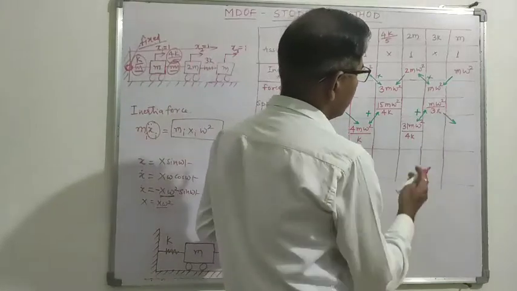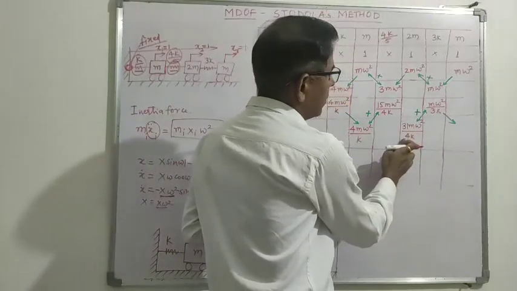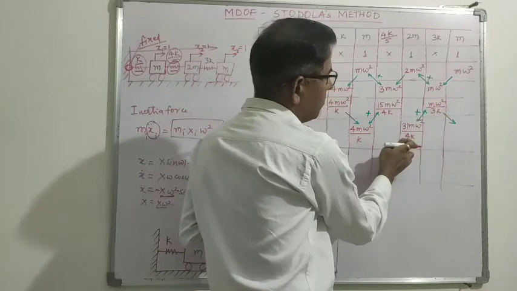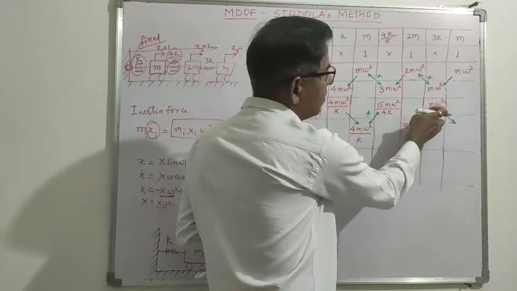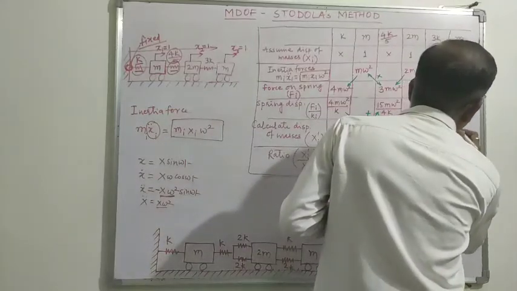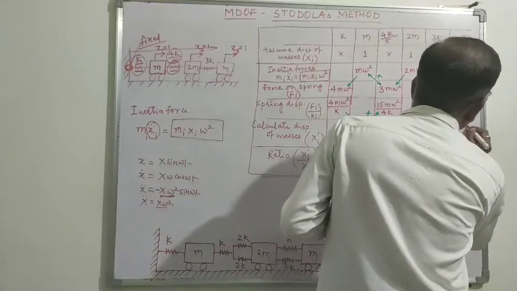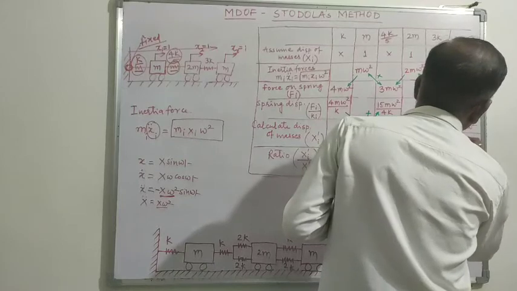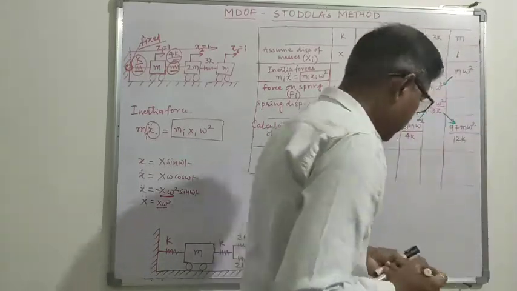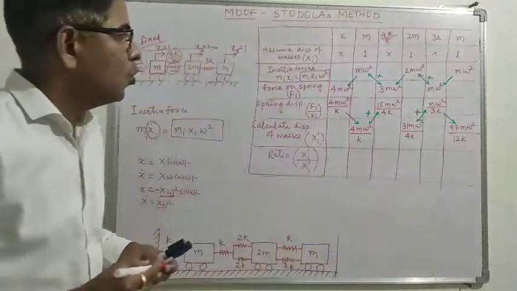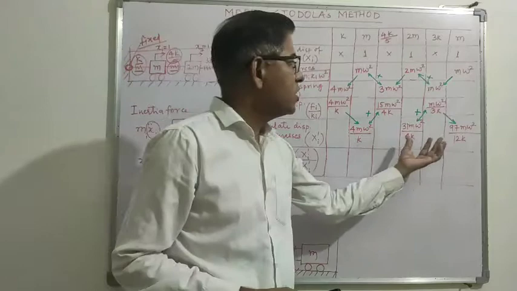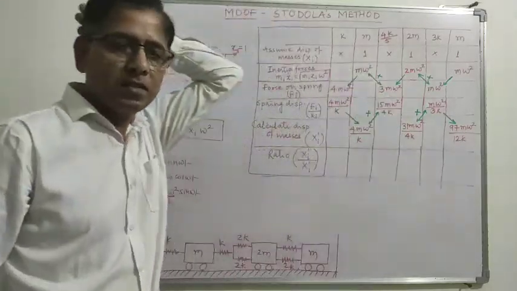So this is 31 by 4k and this is 3m omega square by 3k. So multiply and divide by 3 here and multiply and divide by 4. That will give you 97 m omega square upon 12k. So these are the displacements of the masses.